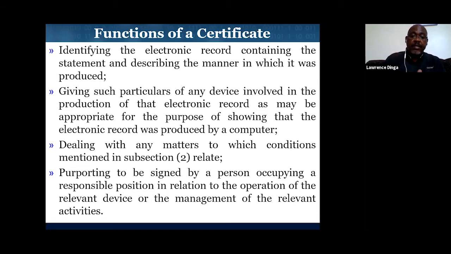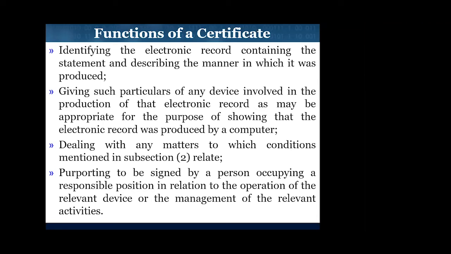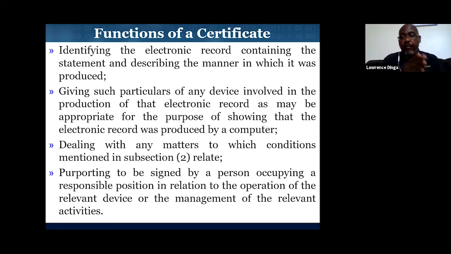And the process of transferring that photo from the mobile phone to the computer, all this must come out. So the function of the certificate is to identify the electronic record containing the statement and describe the manner in which it was produced. Then giving such particulars of any device involved in the production of that electronic record as may be appropriate for the purposes of showing that the electronic record was produced by the computer.